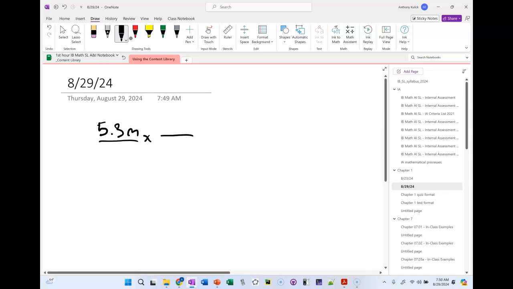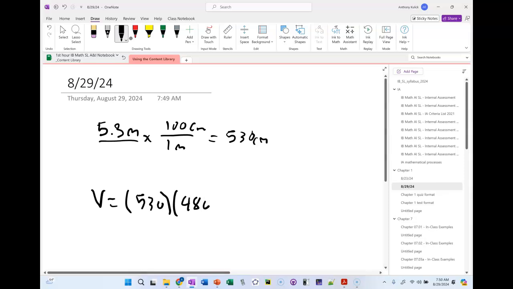So for example, I know that 1 meter has 100 centimeters in it. So my volume becomes, if I convert all of those, it's basically multiplying each of them by 100, and I get whatever centimeters cubed.